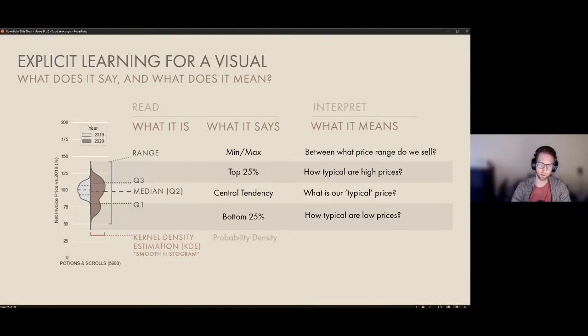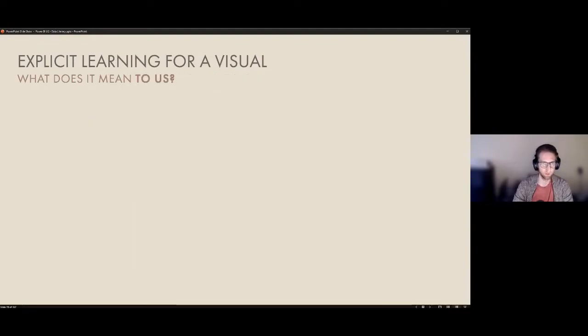It's showing the distribution of the data points, the probability density. And what this means is how probable prices are in each range. We see that we have a lot more customers that have a lower price in 2020 than in 2019, but more importantly, that our customers seem to be splitting up into two groups. We seem to be having a segmentation occurring.